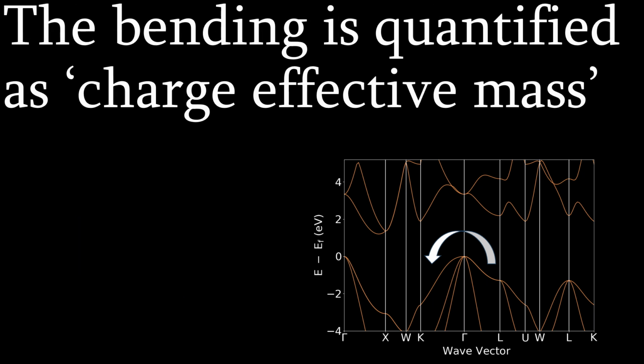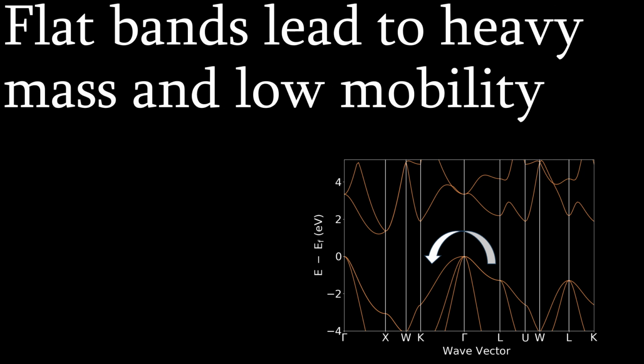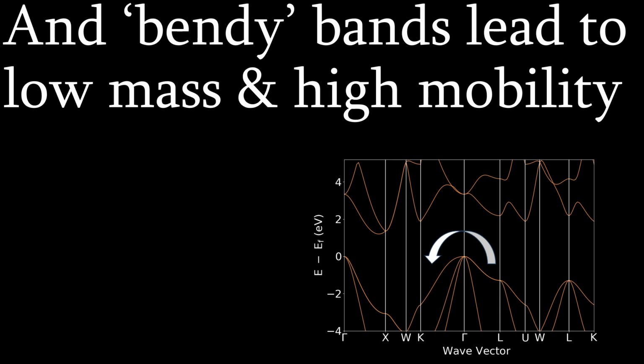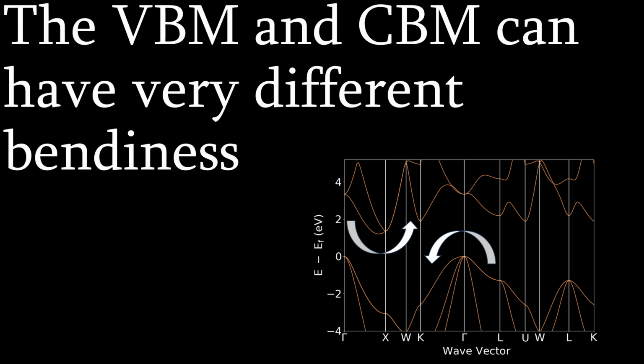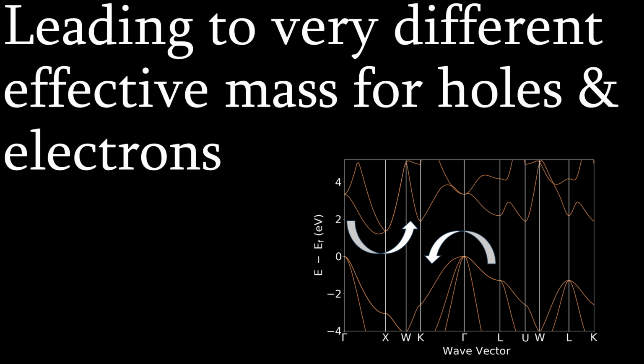Bending is quantified as charge-effective mass. Flat bands lead to heavy mass and low mobility, and bendy bands lead to low mass and high mobility. The valence band maximum and conduction band minimum can have very different bendiness, leading to very different effective mass for holes and electrons.